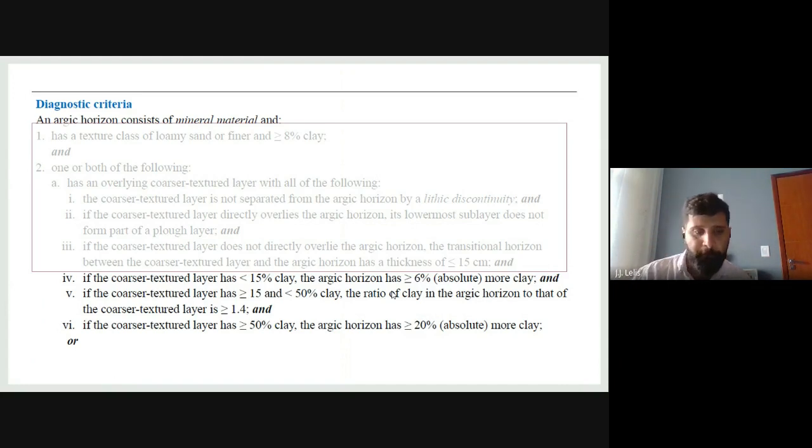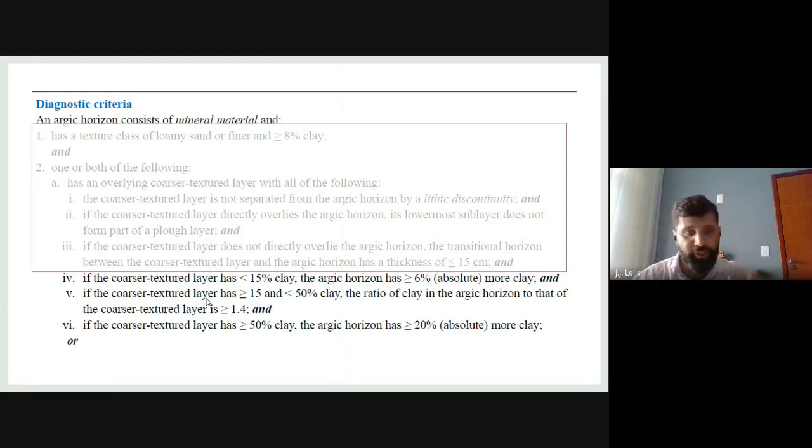Okay, if the coarser texture layer has a clay content between 15 and 50% of clay, we should calculate a ratio between the clay content of the argic horizon and the coarser texture layer.